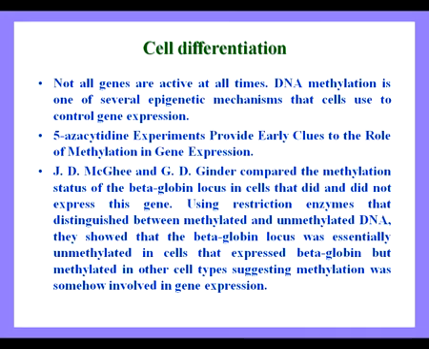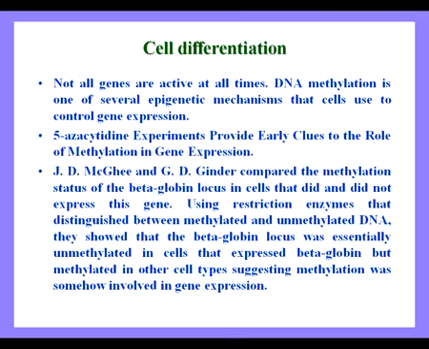In this regard, an experiment was conducted by McGhee and Ginder, who utilized a unique property of a chemical compound called 5-azacytidine. These two scientists compared the methylation status of the beta globin locus in cells that did and did not express this gene.